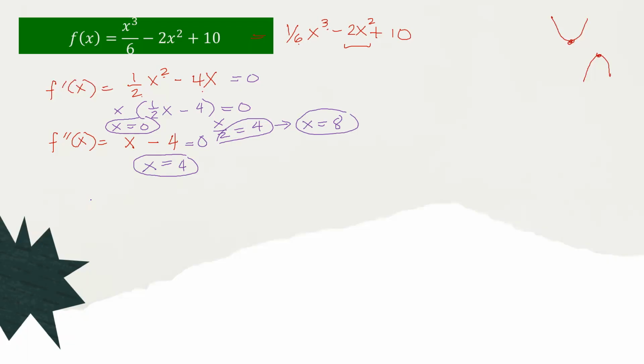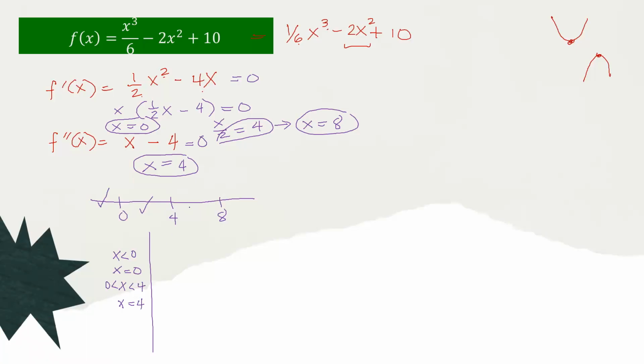So i-plot natin sila sa real number line. 0 here, tapos we have a 4, and then an 8. Tapos gawa tayo ng ating table of values, no? Kailangan natin yung mga interval. So we have x less than 0. Then we have x equals 0. Tapos between 0 and 4. Then we have x equals 4.